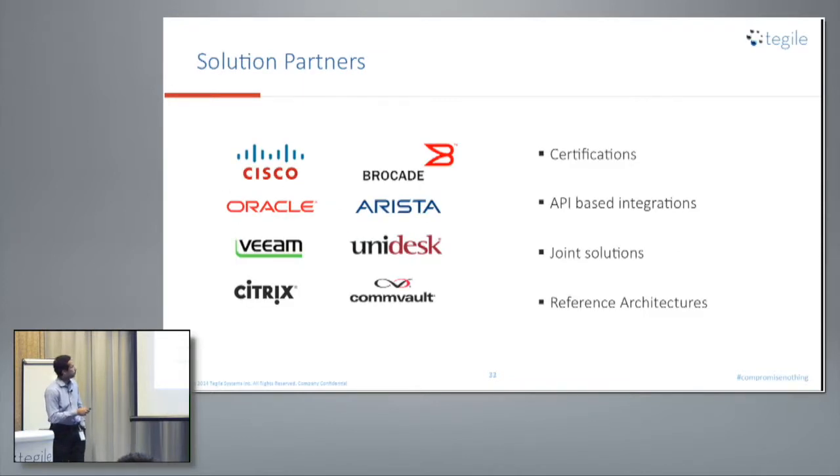We also have relationships with all of these vendors. And basically, mostly what we end up doing is certifications, API-based integrations in the field. With customers, we have joint solutions and joint reference architectures with a lot of these vendors. And we are building more partnerships as we go forward. As you know, if you're a storage vendor, you have to have a very strong ecosystem.